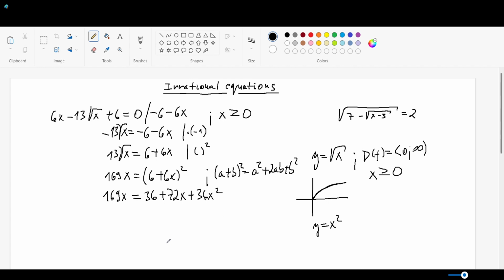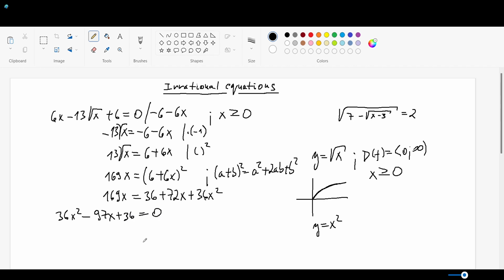Now you can see that we really came to an equation which is quite easy to solve, and this is a quadratic equation. We just simply rearrange this equation like this. It's going to be 36x squared minus 169 minus 72, which is a negative number, negative 97x plus 36 is equal to 0.